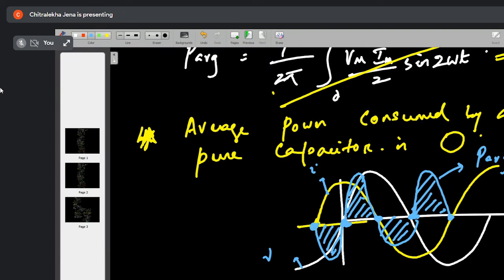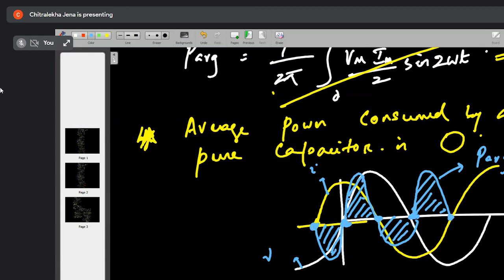Similarly, in case of pure capacitor only, the voltage lags the current or the current leads the voltage by an angle of exactly pi by 2 radians or 90 degrees, and here also the average consumption of power is 0. So that is why the average power consumed by pure capacitor or pure inductor is 0. That is why the inductor and capacitor are called energy storage elements.